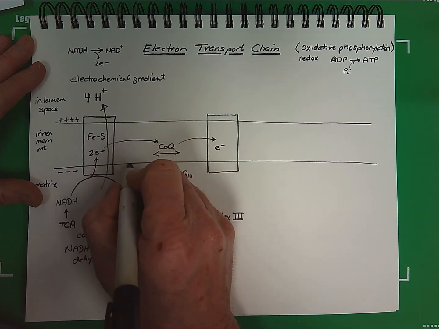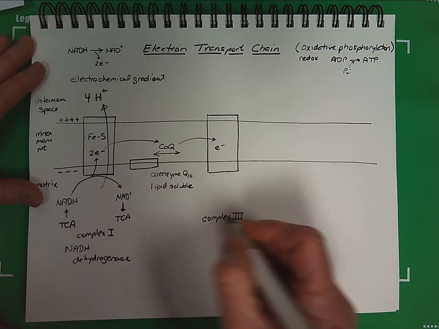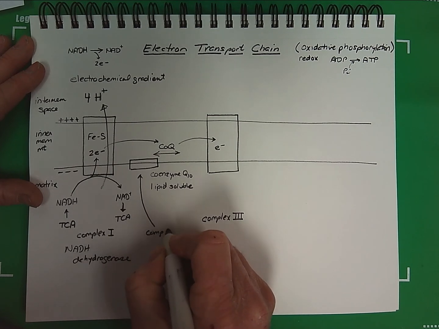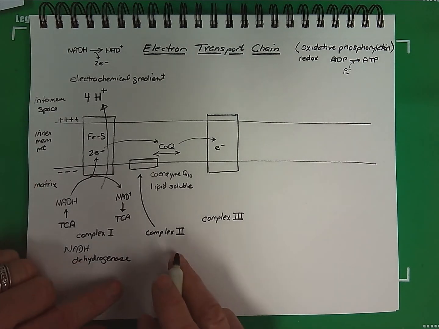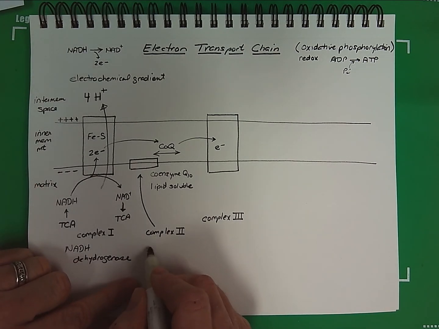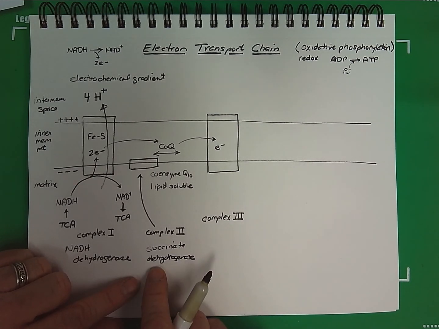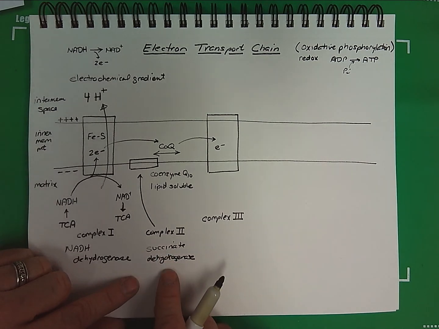Well, complex 2 is actually partially embedded in the membrane. Recall the enzyme that we talked about in the TCA cycle called succinate dehydrogenase. This enzyme was responsible for generating the double bond from succinate to make fumarate.